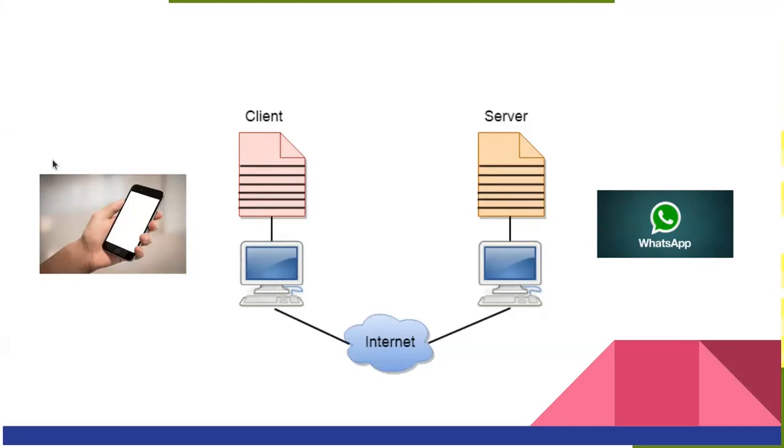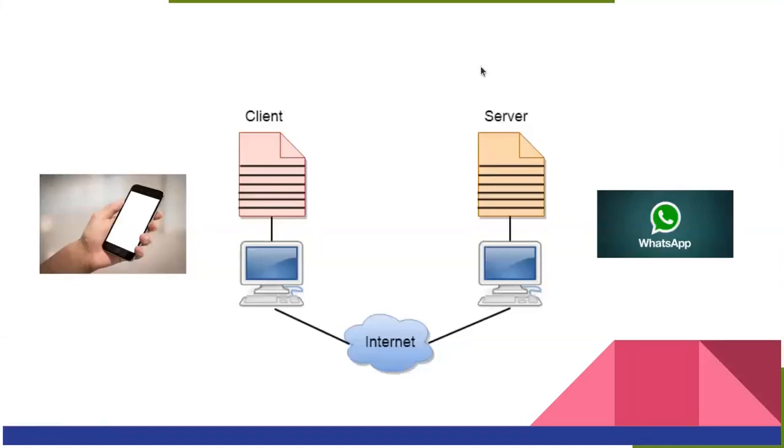Consider a case where you have a mobile and you have installed WhatsApp as an application in your mobile, and we have a WhatsApp web server, which is in their location. In our mobile, if you want to send any message to your friends, you can say just hi. The message you just type and send, right?